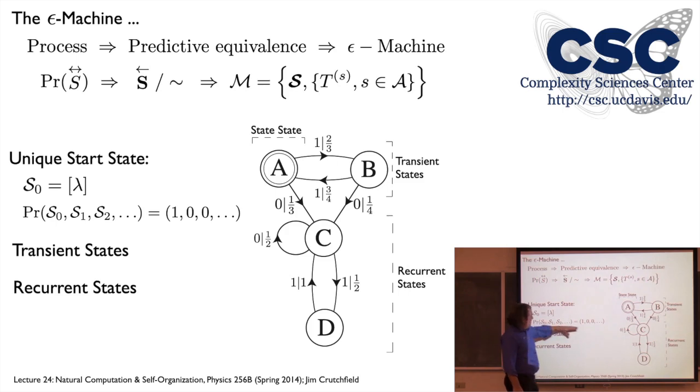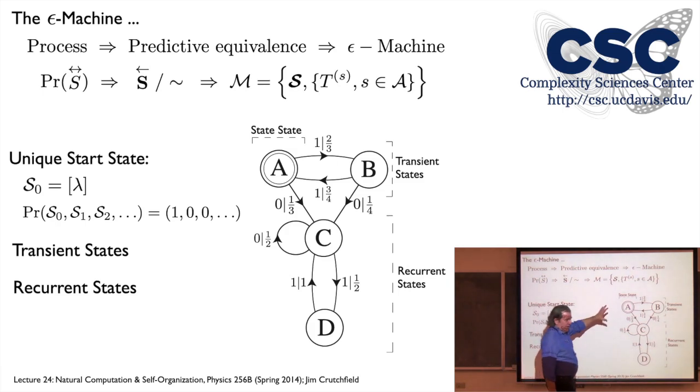There's a probabilistic way of thinking about it, the modeler's view of what's going on, or my ignorance. I don't know what state the process is in. That corresponds to putting all the state probability on this start state. And then we watch step by step how this flows down into the recurrent states and settles out.